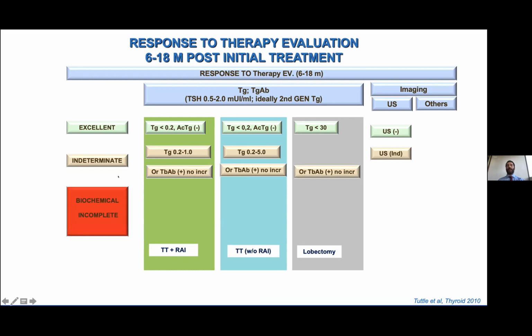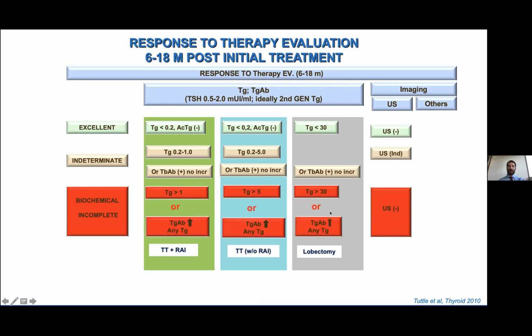We will classify the patient as having an incomplete response to therapy if they have incomplete biochemical response to therapy: if they have negative ultrasound, and in the case of total thyroidectomy plus iodine, thyroglobulin higher than 1, total thyroidectomy without radioactive iodine, thyroglobulin more than 5, and in patients with lobectomy when they have thyroglobulin over 30.